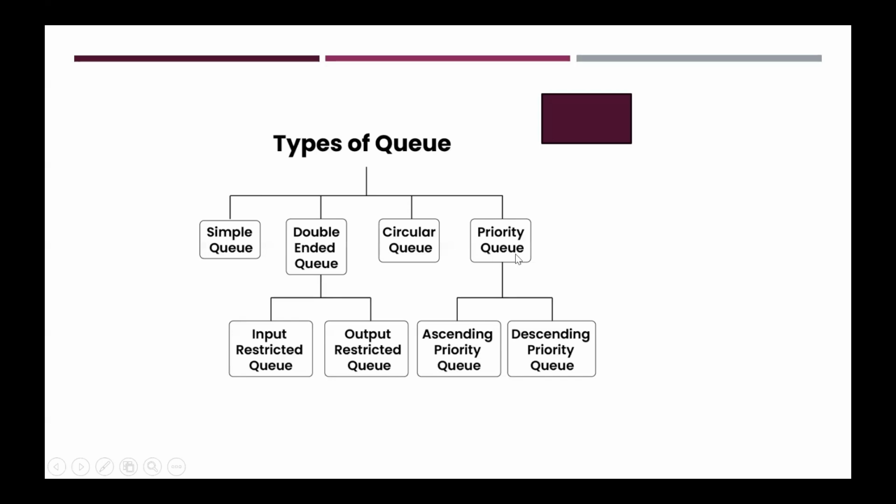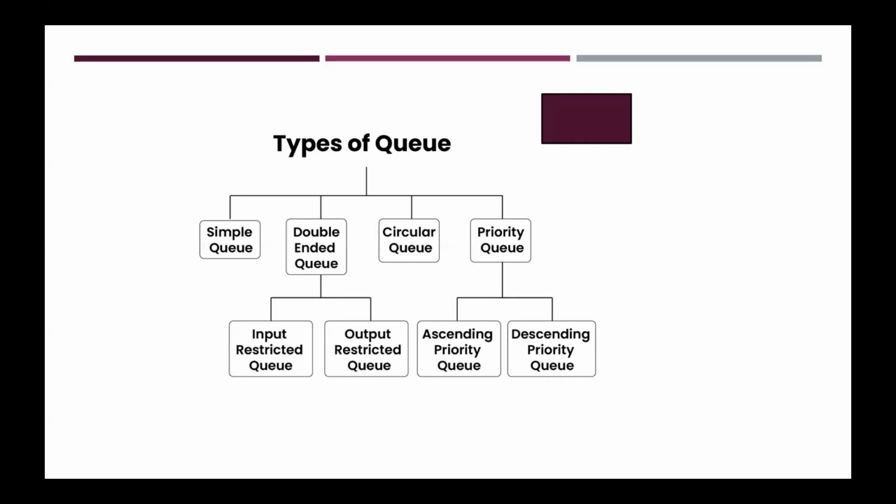Priority queue. A priority queue is one category of queue where some priority value is given. What is the priority value? It means the queue is associated with priority. Take the example of a flight. Whenever we enter at flight boarding time, we enter on a first come first served basis.